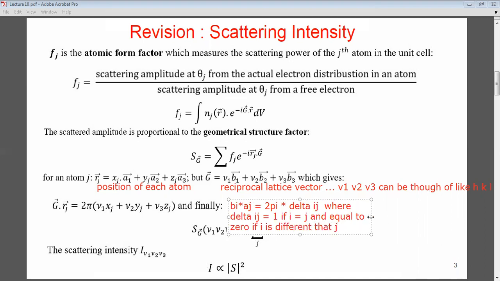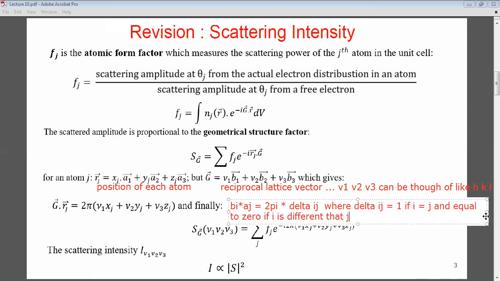In other words, b1 a1 is 2 pi, b1 a2 is 0. And we found that if I put this instead of rj dot G, the scattering factor as a function of v1, v2, v3 is the summation over j, that is over the atoms I have, of fj, the atomic form factor, multiplied by e to the minus i 2 pi (v1 xj plus v2 yj plus v3 zj).